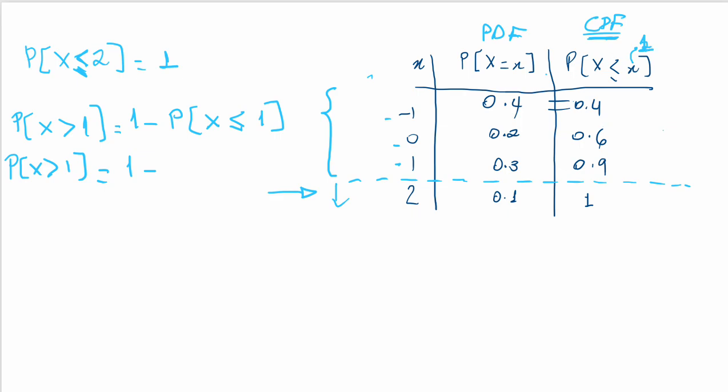All right, so I go here, and I find the row where my x is 1. It's exactly this row. So my little x takes on the value 1 at this row, and I just go and retrieve from the table the less than or equal, which is 0.9.